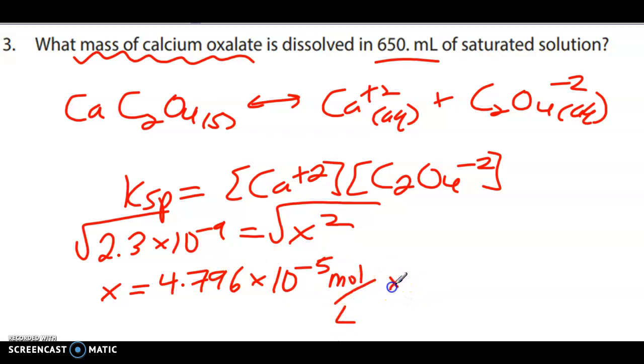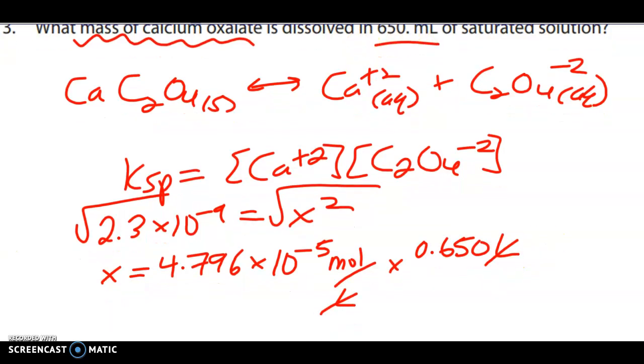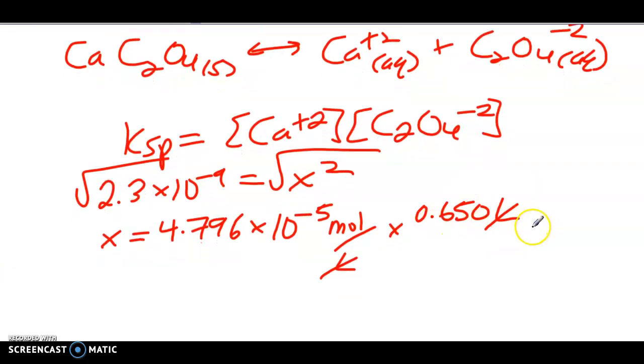And now that we know that, we can determine this. You could show this in full, or I just mentally converted this into liters. But you can show this in full, going milliliters, and then the additional step of going into liters. And then we wanted this in grams, right?